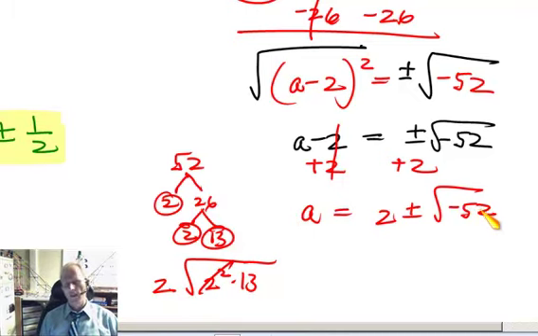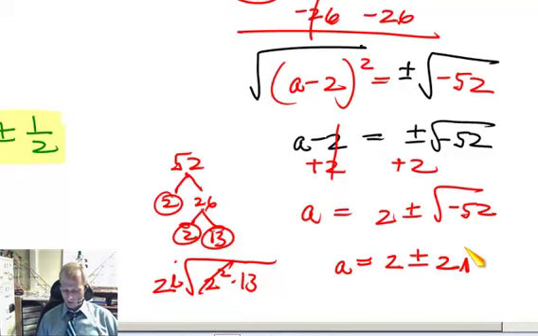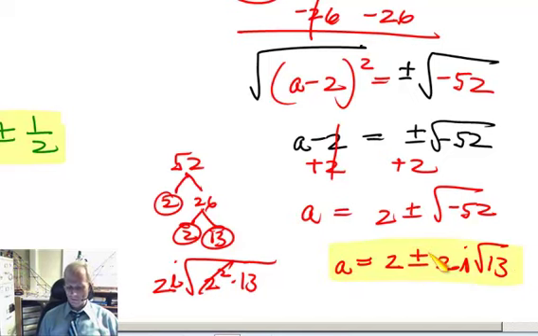Now because this is the square root of negative 52, I know it's going to actually be 2i root 13 instead of just 2 root 13. So that means I'm going to be left with a equals 2 plus or minus 2i root 13. And that is my solution.